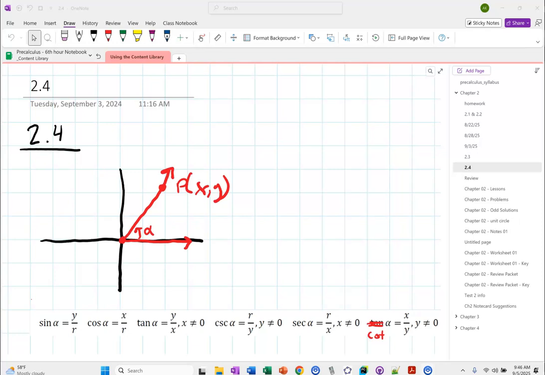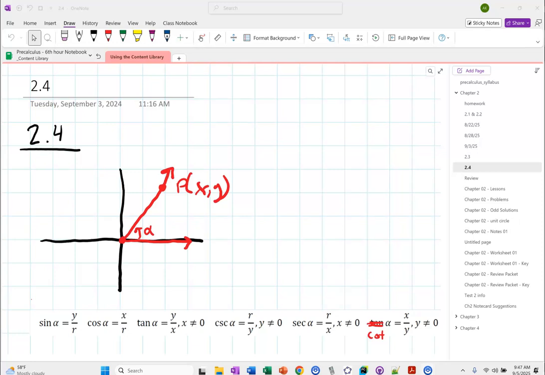So this is what I'm going to start by doing. I'm going to just draw some standard position angle. So I fix the vertex of the angle at the origin, the initial side on the positive x-axis. I rotate it, I use the Greek letter alpha here, some alpha degrees.